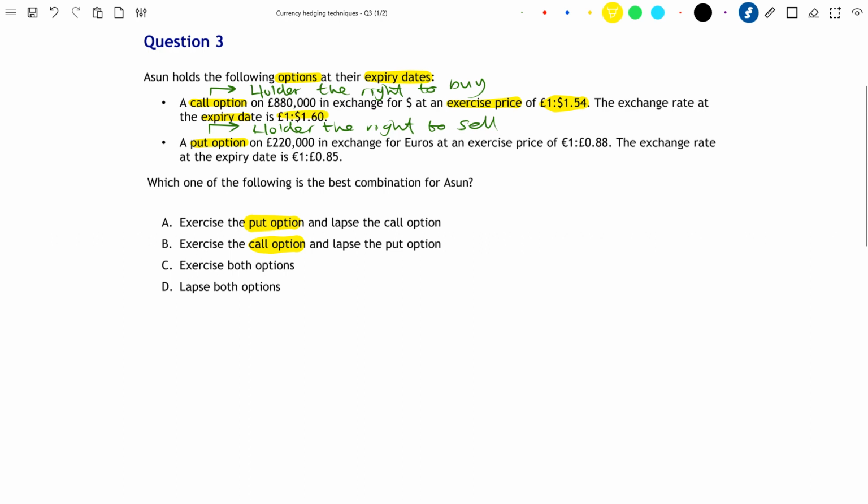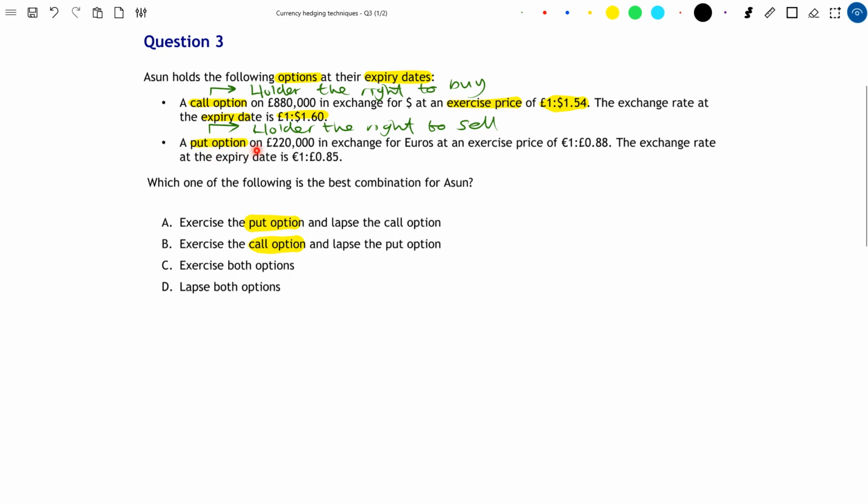Okay, so we're saying that in the call option, the holder has the right to buy £880,000, okay, in dollars. So it's going to be paying in dollars to acquire £880,000 at whatever exchange rate is the best. If the exercise price is the best rate, then we would exercise the option. Otherwise, we would let it lapse.